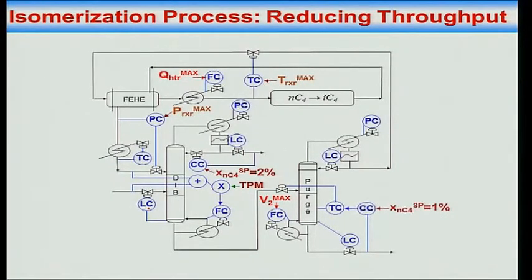And I'll reduce the ratio set point. Then I'll do the same thing here. I'll keep the boil up in ratio with the fresh feed and I'll reduce that set point. And finally, I'll use this Q max, the heater duty, as my throughput manipulator to reduce the throughput further.